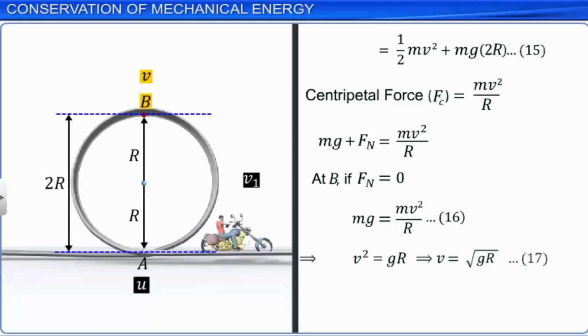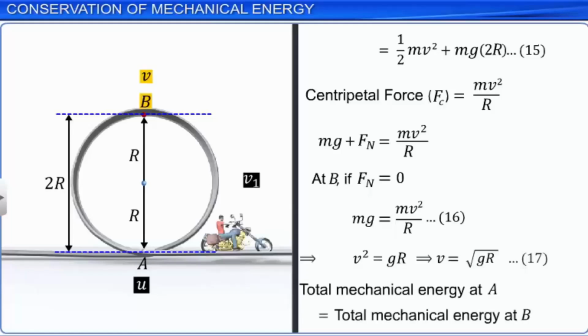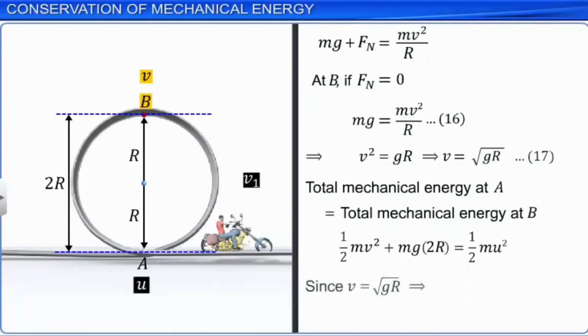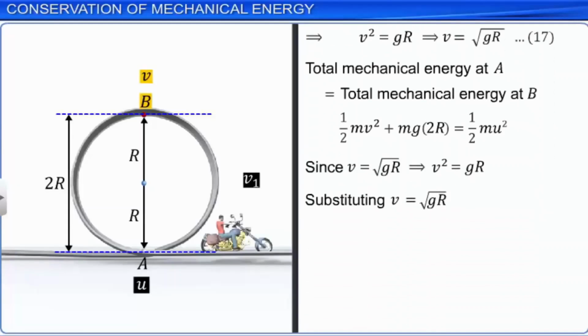According to the principle of conservation of mechanical energy, the total mechanical energy at A is equal to the total mechanical energy at B. Thus, half mv square plus mg into 2r is equal to half mu square. But since v square is equal to gr, substituting the minimum velocity at point B, v is equal to the square root of gr, in equation 15, we get half mgr plus mg into 2r is equal to half mu square.